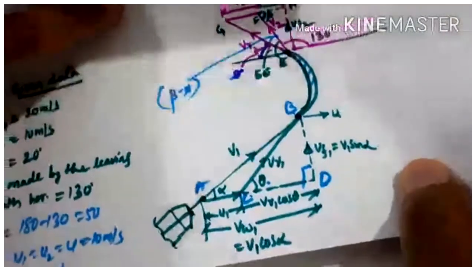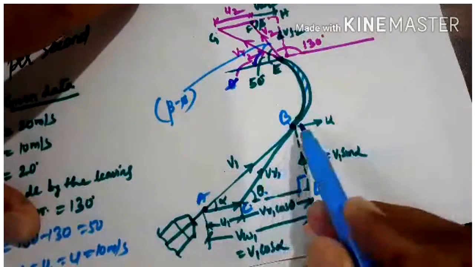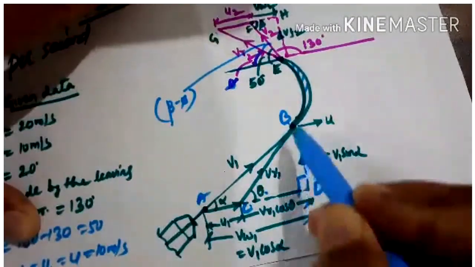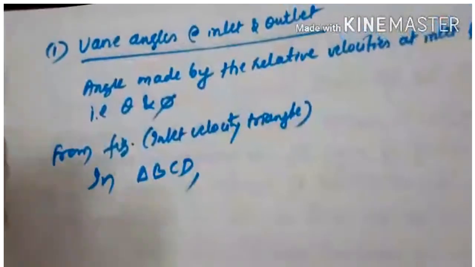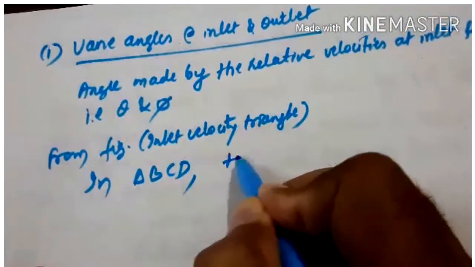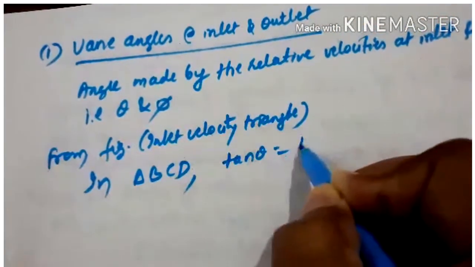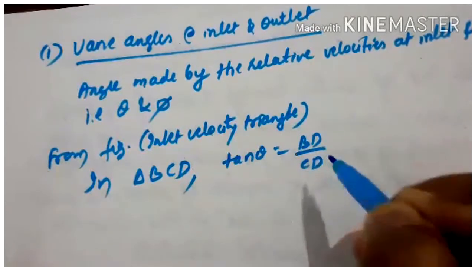So in triangle BCD, what is tan theta? Opposite by adjacent, BD by CD. So tan theta equal to BD by CD.